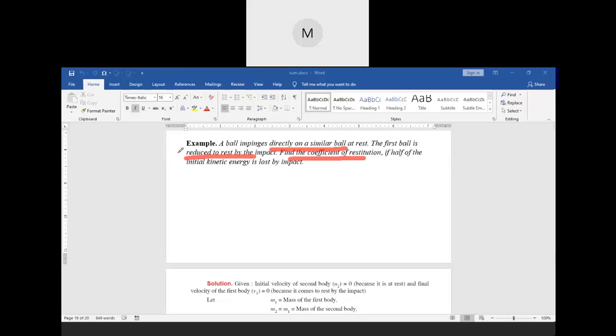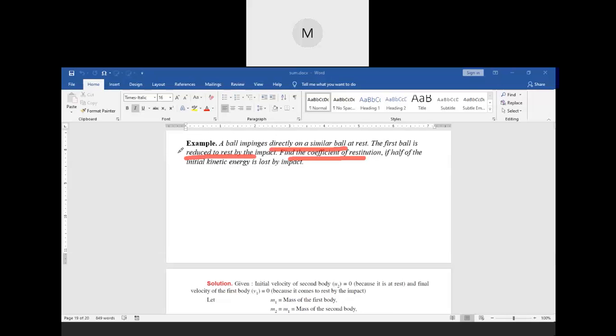Now if you see from here, one ball hits the other ball at rest. That means u1 is the initial velocity of the first body, and it has some value. Now u2 is equal to 0. Why 0? Because it is given that it is at rest. After that, v1 becomes 0. Why does v1 become 0?